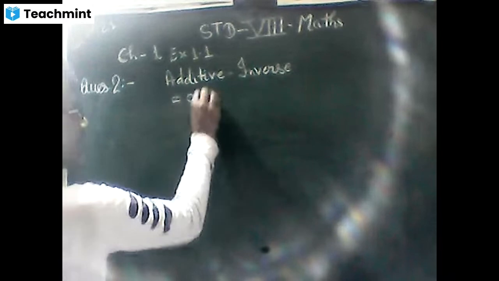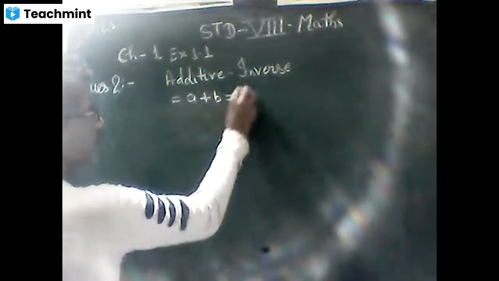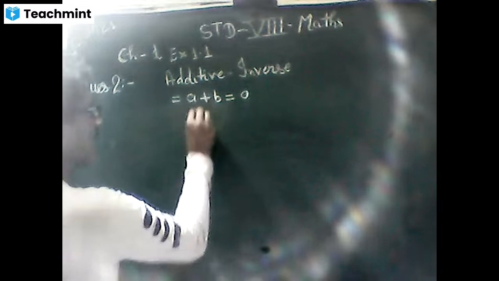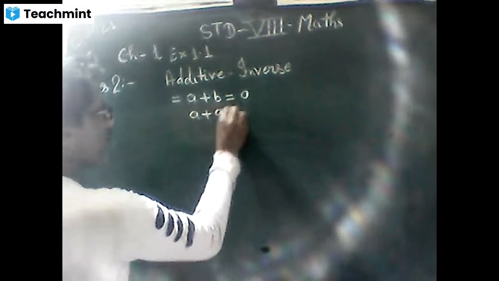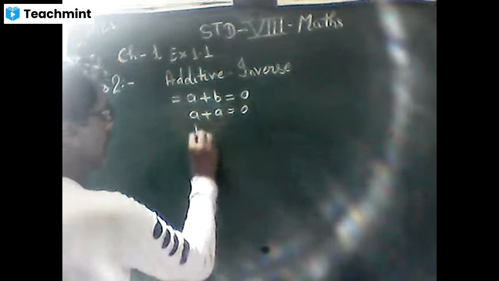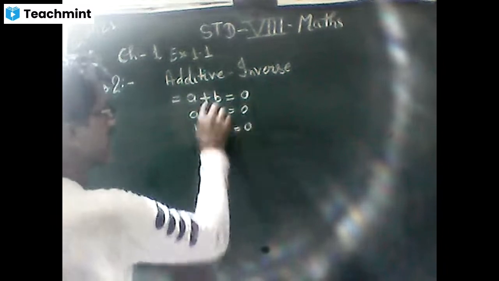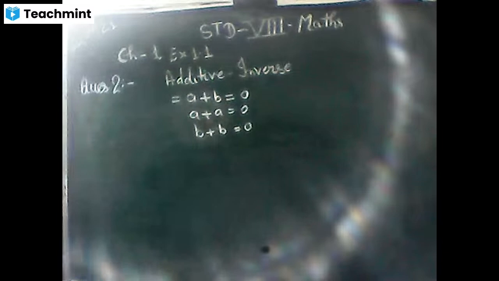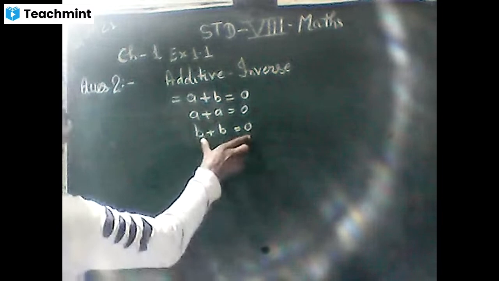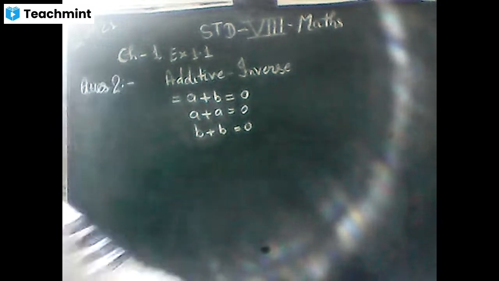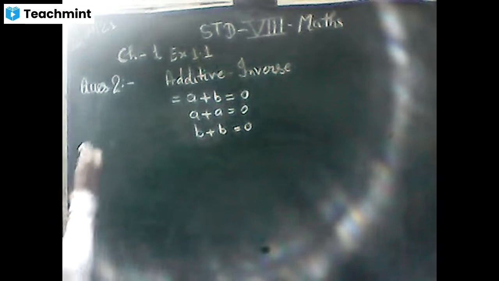If A plus B equals 0, or A plus A equals 0, or B plus B equals 0, then these numbers are read as the additive inverse of each other. If they give the result as 0, then we say these are additive inverses.